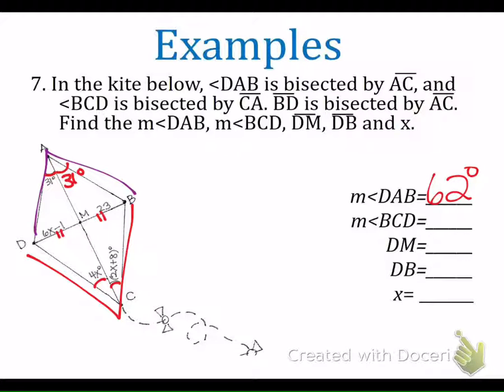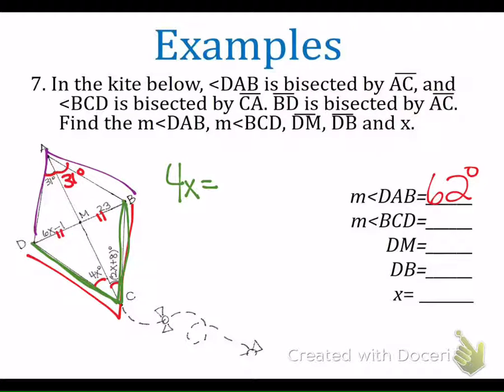I also want to find the measure of this angle down here, BCD, but I don't know much about those. I just have two expressions. So what can I do with those expressions? Turn it into an equation so we can set them equal to each other.